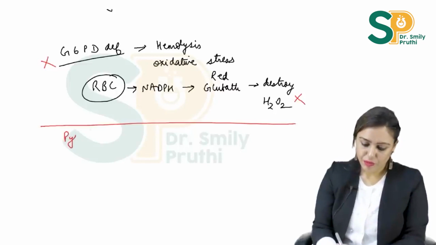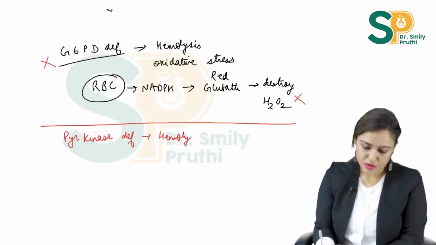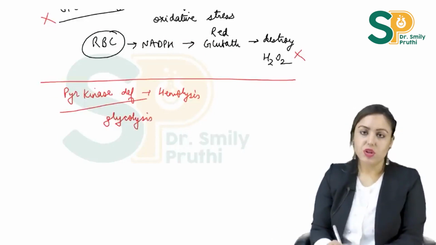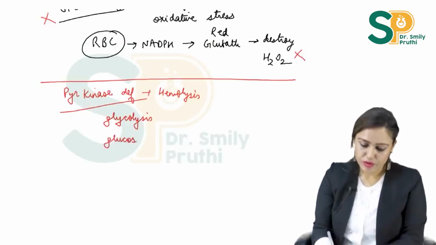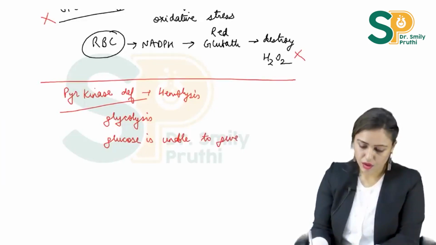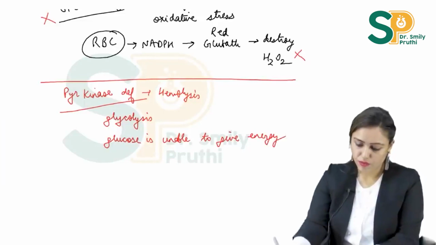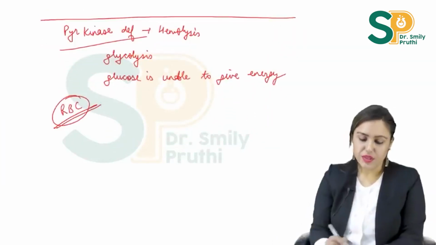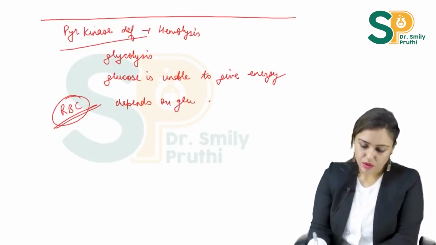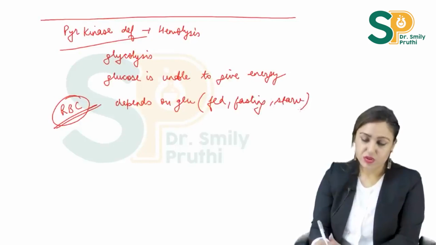And why does pyruvate kinase deficiency lead to hemolysis? Because if pyruvate kinase or any enzyme of glycolysis is deficient, then glucose is unable to give energy. In our body, RBCs are such cells which depend on glucose, whether the body is in fed state or fasting state or starvation state.